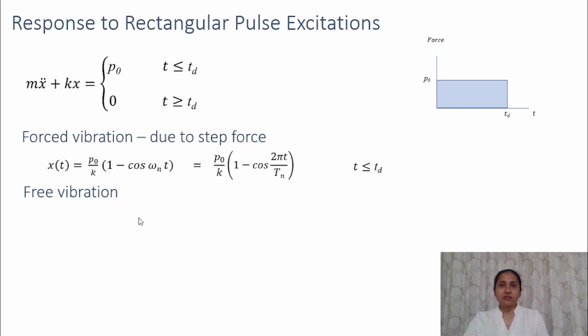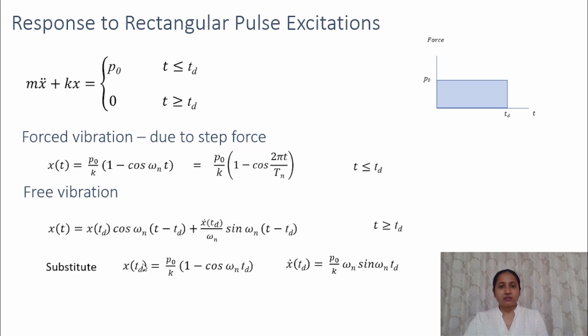We had derived the equation for free vibration earlier, so we can use that to find the free vibration response. The free vibration of an undamped single degree of freedom system is expressed like this, where x(Td) and x dot(Td) are the displacement and velocity at time equal to Td, that is at the initiation of the free vibration.